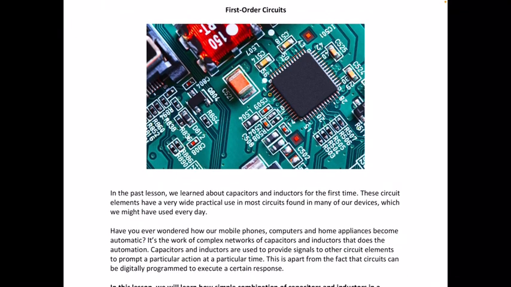Capacitors and inductors, as well as resistors, are the three most basic circuit elements that you can see in any circuit. But our analysis so far is just limited to the basic forms of circuits, like 1, 2, or 3 resistors, a capacitor, and an inductor. So we haven't moved to more complicated circuit elements yet.